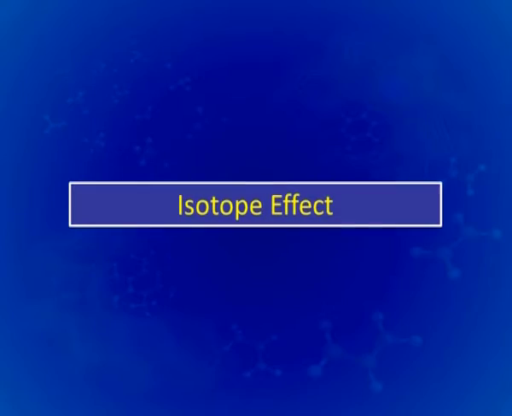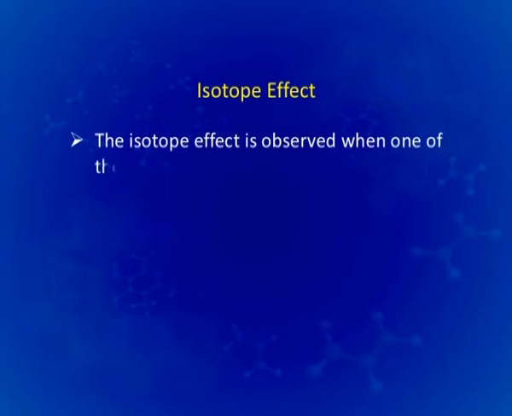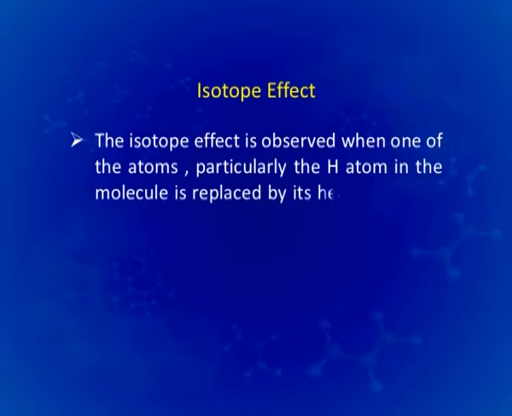The last is the isotope effect. Isotope effects are very important, as these are observed when one of the atoms, particularly the hydrogen atom in the molecule, is replaced by its heavier isotope, that is deuterium. And it is not necessarily that we have only hydrogen isotope which matters here.